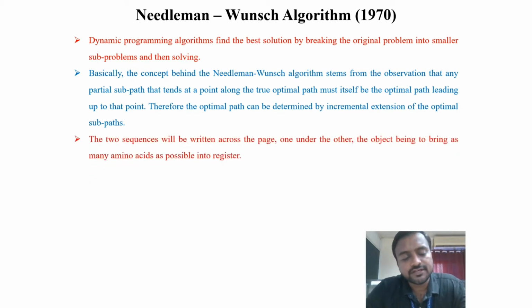Now in this method, we write two sequences, of which one is written across the page and the other is written down the page in such a way that every cell occupies one character, and this character could be an amino acid character or a nucleic acid character as well.